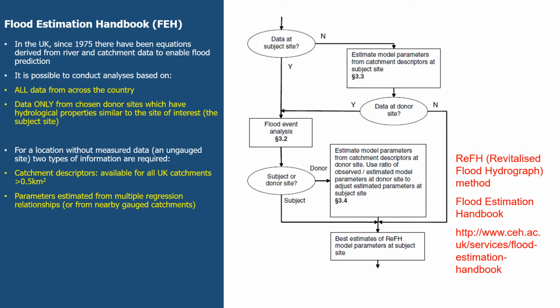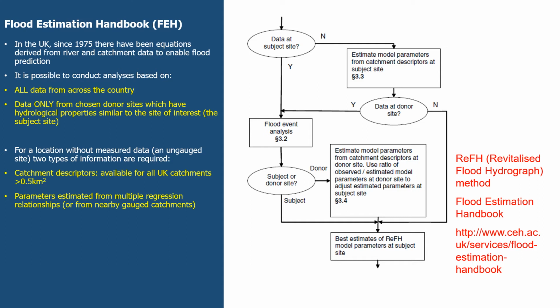And we can then use appropriate parameters to put into predictive equations, either from statistical relationships, or we can use a nearby gauged catchment and scale the parameters from that nearby site to the site of interest. If you want to see how this works, it's all explained in the Flood Estimation Handbook online.